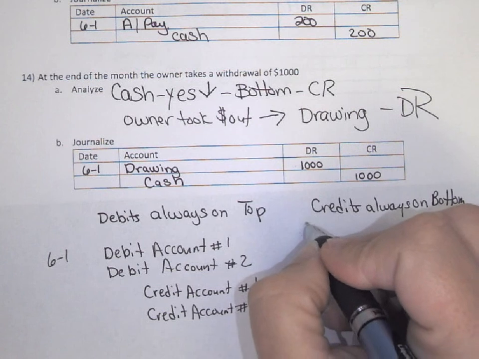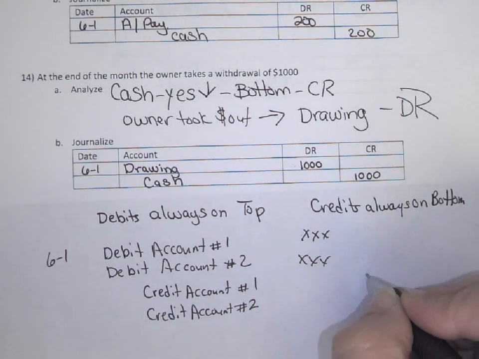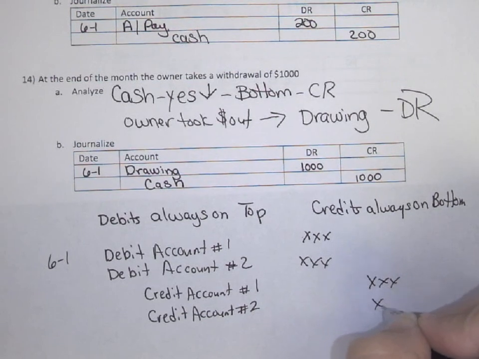This is going to go in my debit column. These amounts would go in my credit column.